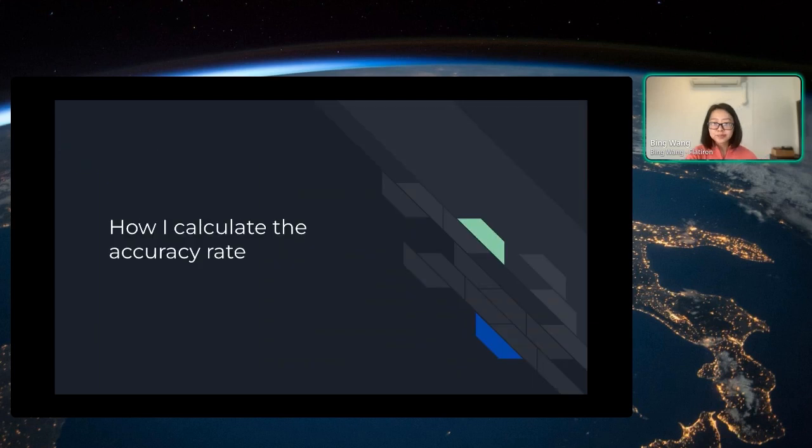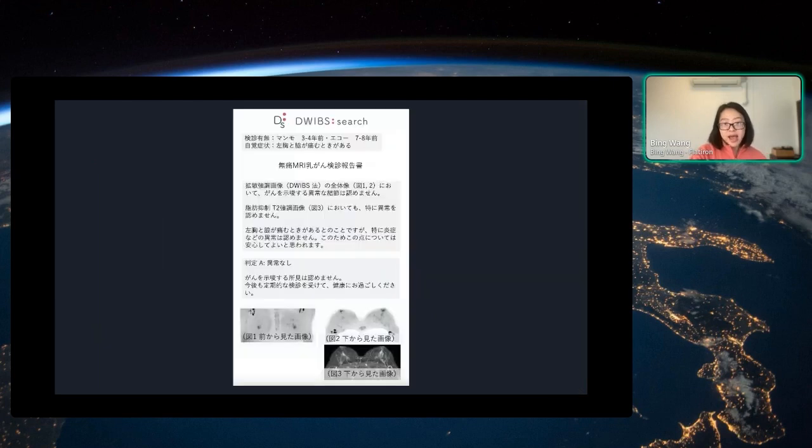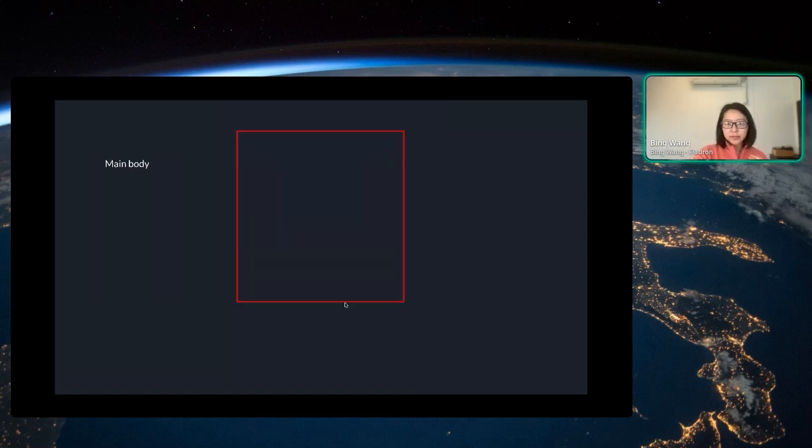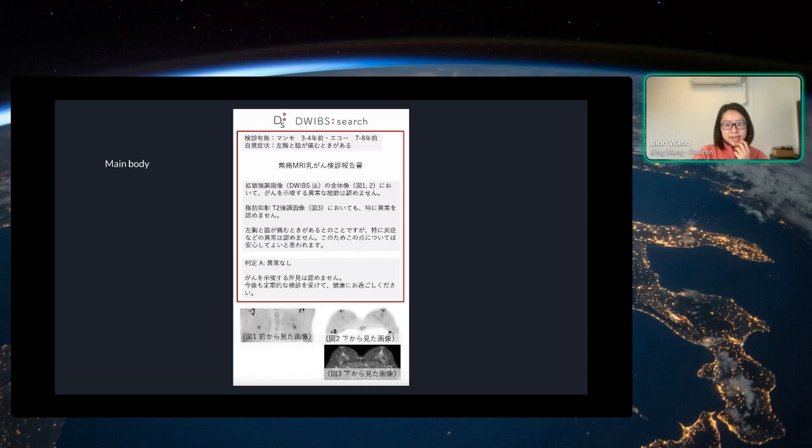Now, in terms of the exact metrics I use to evaluate the accuracy, I would break the documents into different sections. For example, for this first document, I broke it down into the title, the image titles down here, and also the main body.